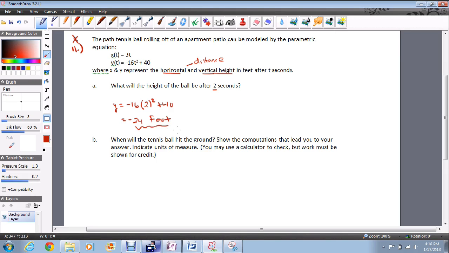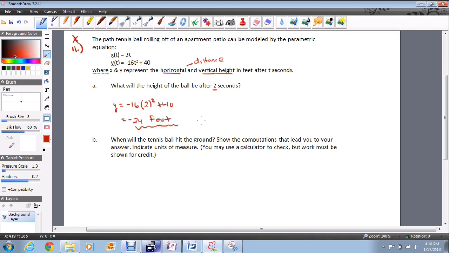Now, this number is kind of funky. I mean, we can't have a negative height. Basically it hits the ground, and what's going to happen? Is it going to just keep going through the ground until it gets to negative 24 feet and stop? No. After 2 seconds, it's been on the ground already, maybe for a second or so.